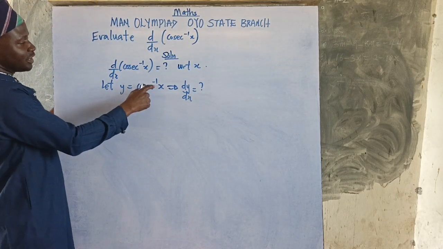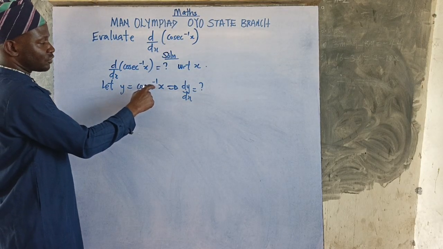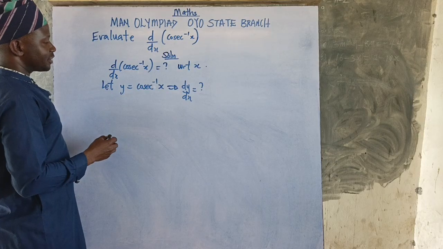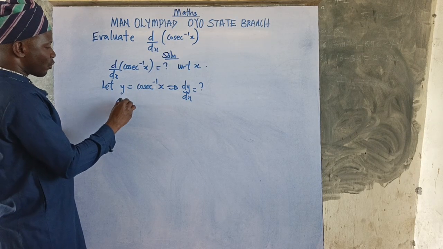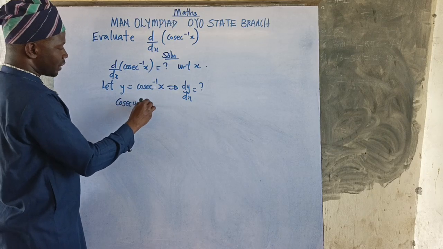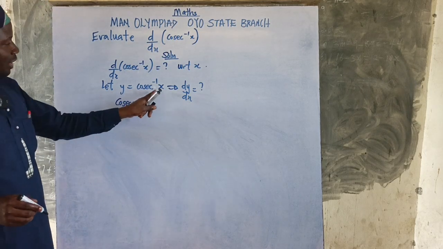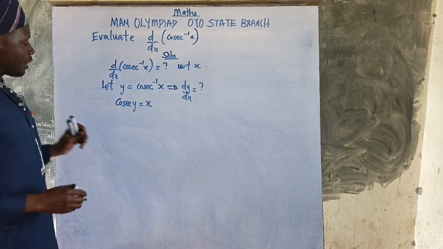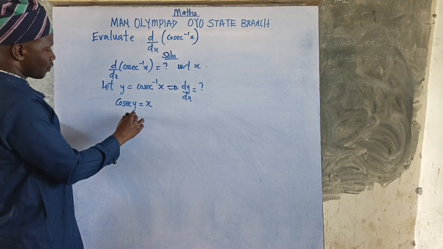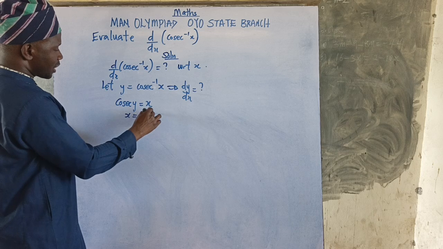Now, how do we differentiate this inverse of cosec x? This can be written as cosec y equals x. So that is cosec y equals x. So now we can write it as x equals cosec y.